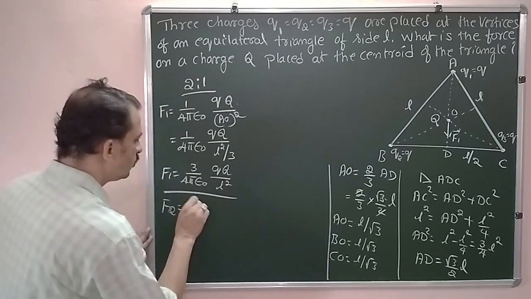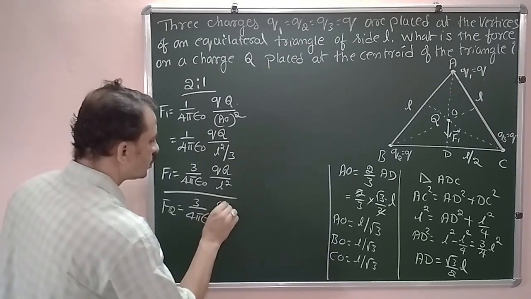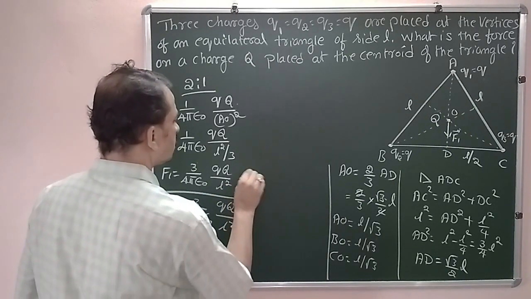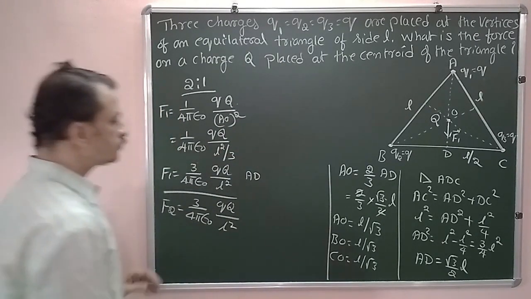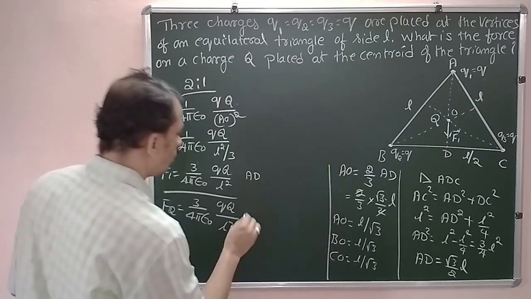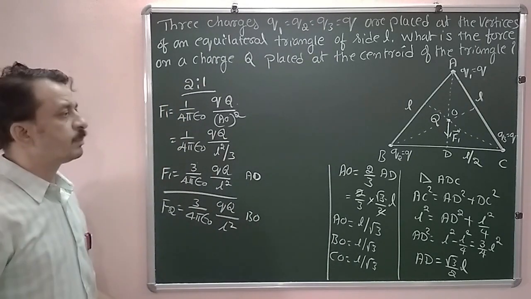Similarly, find F2. You will get the same value, 3 divided by 4 pi epsilon naught small q capital Q divided by L square. Now this is along BO.